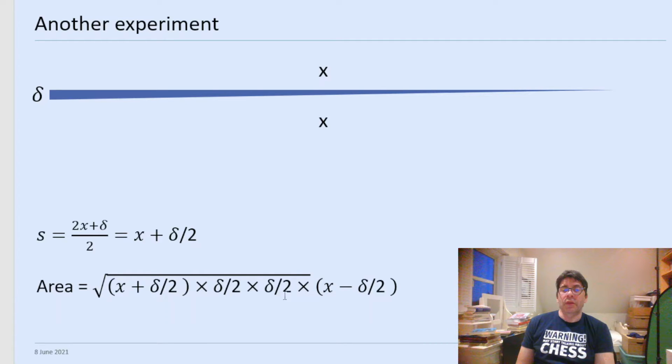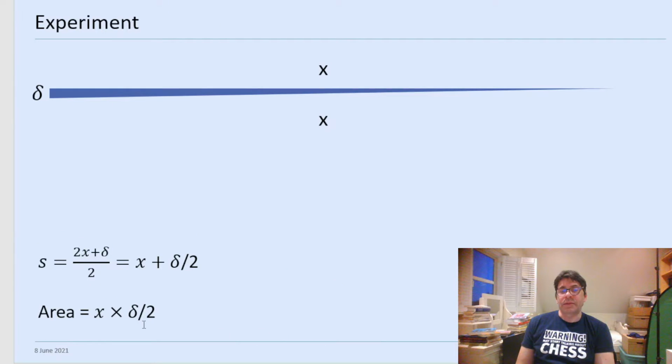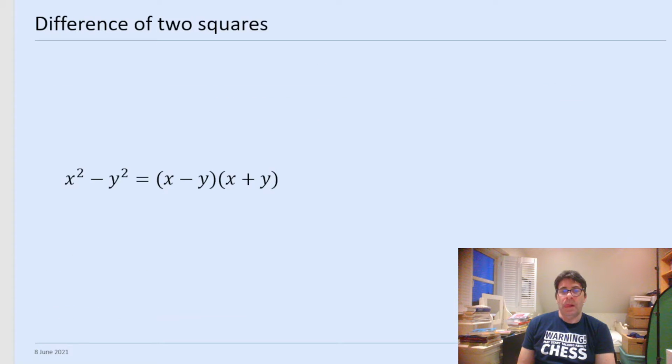So it's delta over 2 squared times x squared. When you square root it, you get x times delta over 2, which is the same as we got with the other method. So that works too. It's nice to take limiting cases with these sorts of things. Sometimes it's interesting, or it brings out certain characteristics of the method.